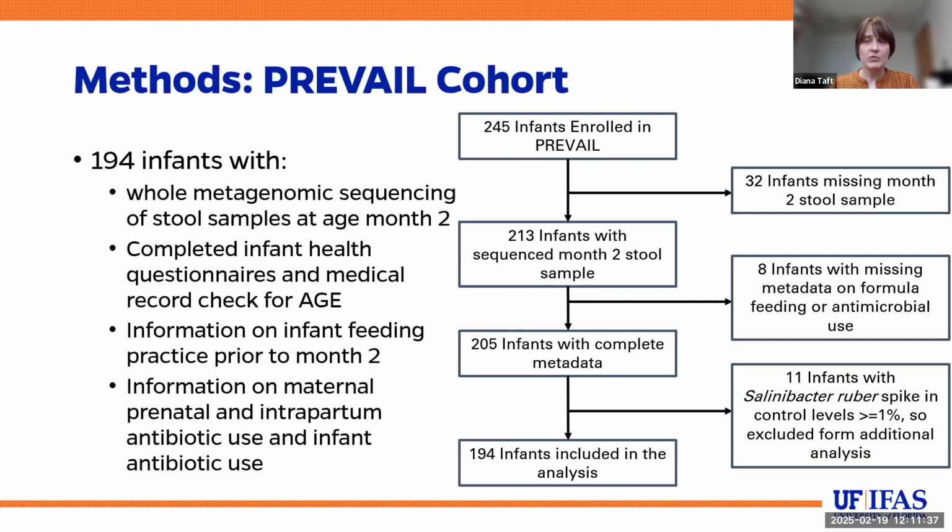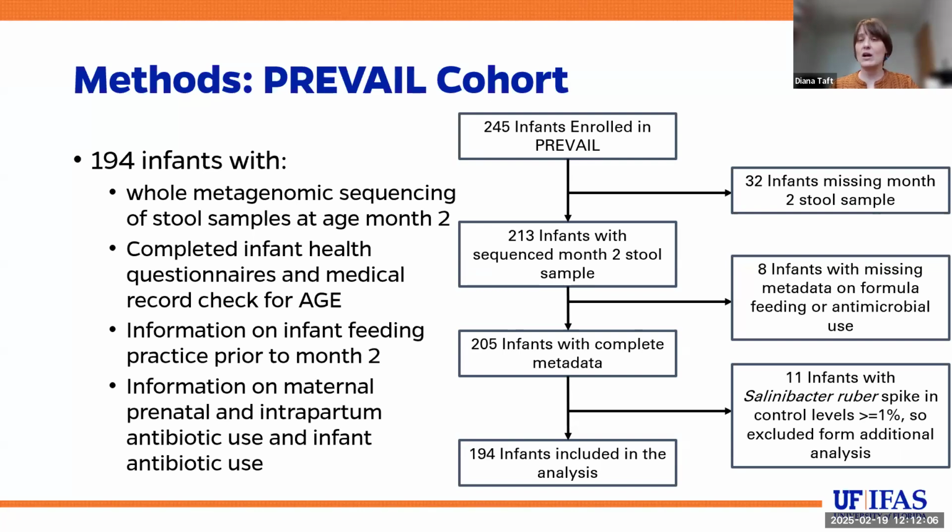So first thing I did was I really went through and asked, what do we have available in the PREVAIL cohort? Out of the 245 infants, we had 194 infants who had whole metagenomic sequencing of stool samples at age month 2. They had the completed infant health questionnaires and medical record checked for whether or not they'd had acute gastroenteritis in those first 2 months.